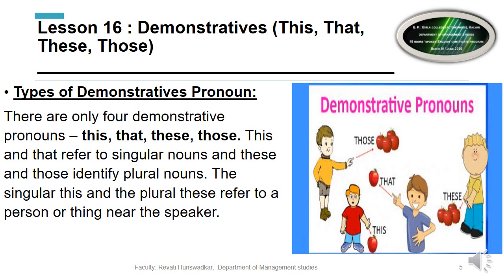So in this type of demonstrative pronoun, we understood this refers to singular, these refers to plural, but both this and these are near to the speaker. And in the same way, those and that are far from the speaker. Those refer to the plural and that refers to the singular.